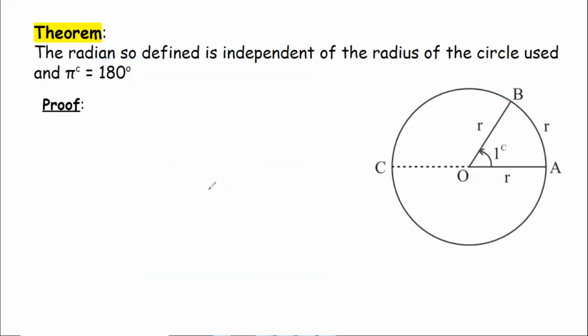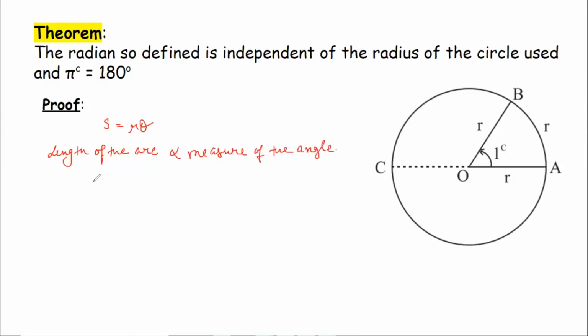Okay, so in the proof part, if you remember, length of the arc is given by S is equal to R theta. This is the formula we will be using. Length of the arc is directly proportional to measure of the angle. Okay, so the bigger the length of the arc, the more will be the angle subtended at the center.